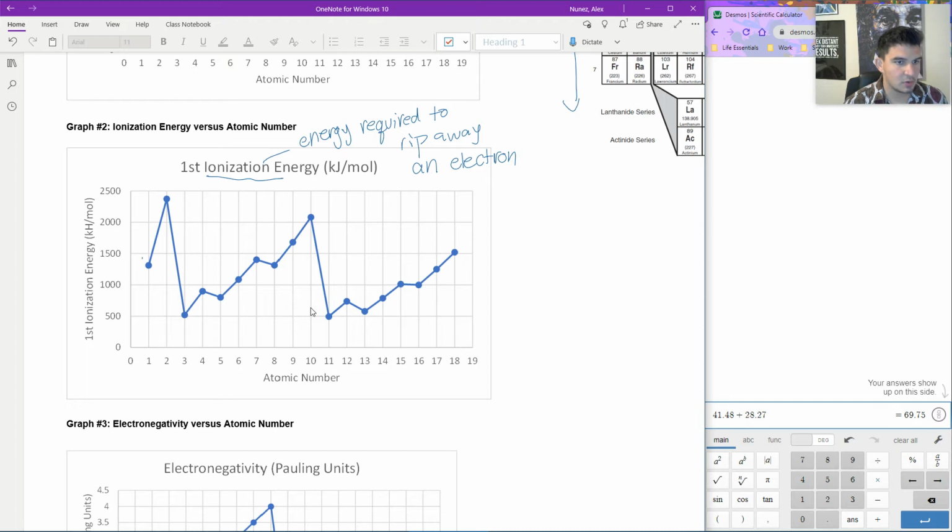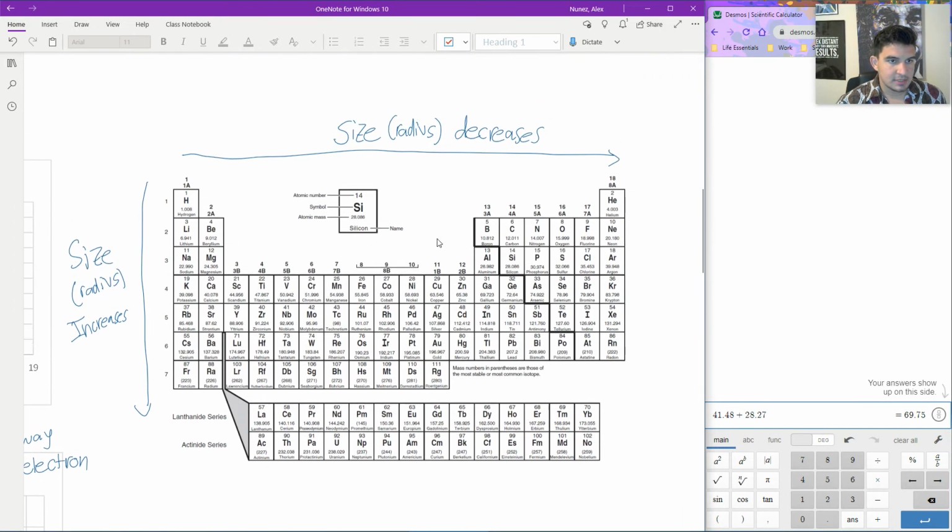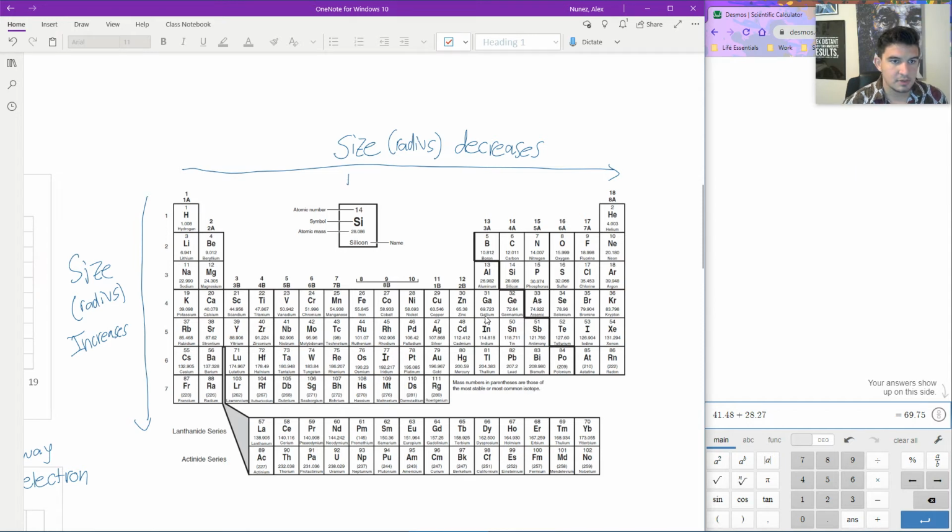We can see that as we go across the periodic table, so from 1 to 2, the ionization energy goes up, and then there seems to be a big decrease as we go down the periodic table. Then it goes up again, big decrease, then it goes up again. So what we see is as we go across, the ionization energy increases.